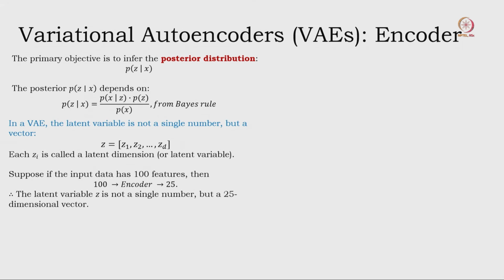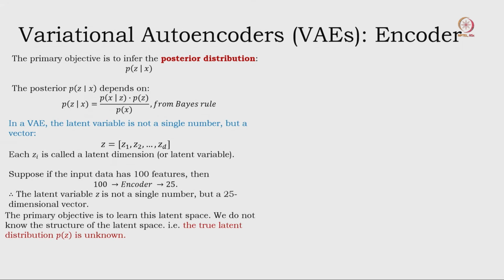The primary objective here is to learn the latent space, but we do not know the structure of the latent space. What does it mean? All we have is just the data. We have still not started learning anything. If we have to learn this latent space, we do not even know its structure.